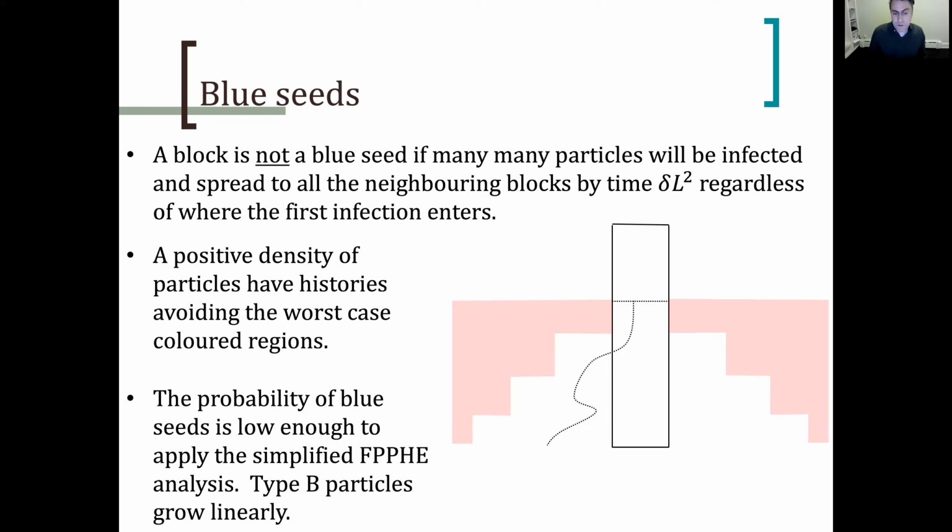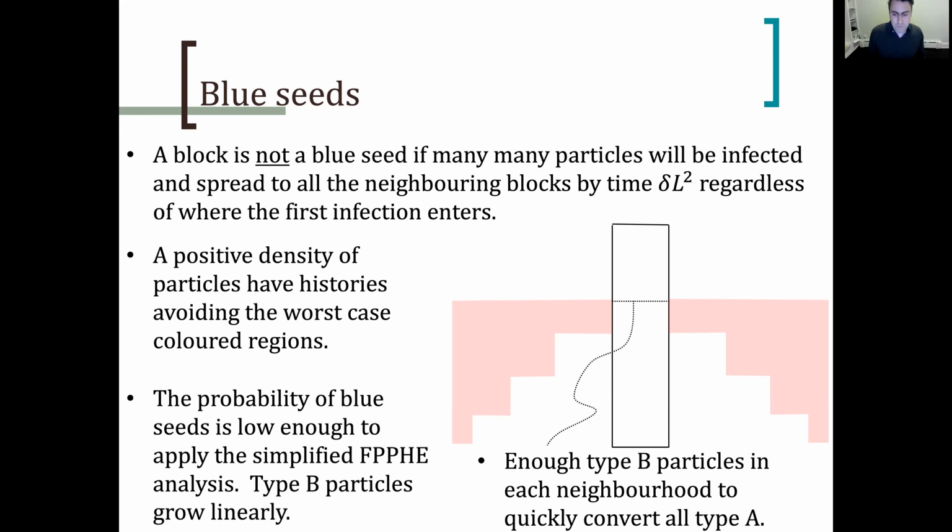Then we can couple it with first passage percolation in a hostile environment and show that essentially the red ones, which correspond to being the ones that got shaded by being infected, spread out at some linear rate, and most boxes get shaded like that. And there are enough infected particles around that they quickly infect any nearby ones.